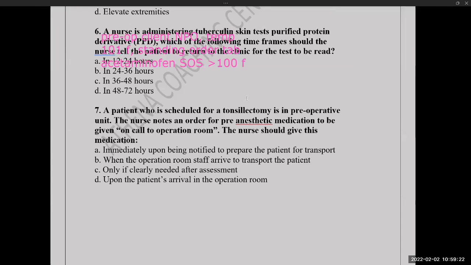There is a standing order, tablet acetaminophen SOS, when the temperature is greater than 100 degree Fahrenheit. What is your responsibility? Based on this situation, how would you manage?